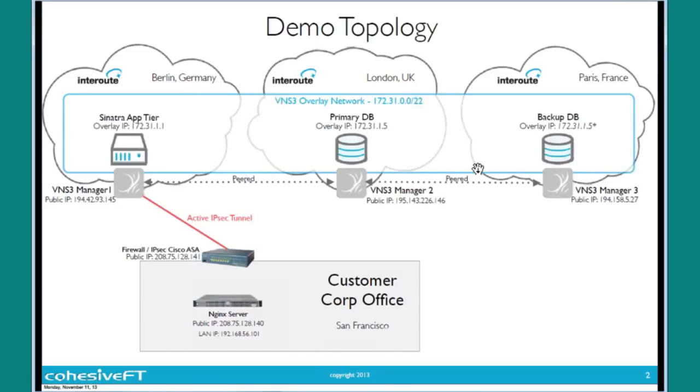In terms of topology, we've taken a very simple 3-tier application here and stretched it across a number of clouds. That flexibility of topology is helped by this peering arrangement between the VNS3 managers, allowing that multi-availability zone, multi-region, and multi-provider capability.